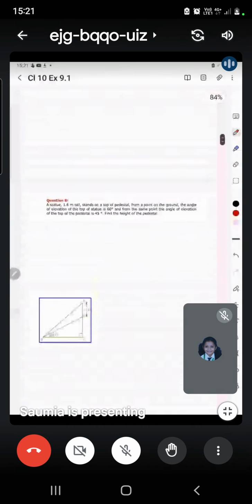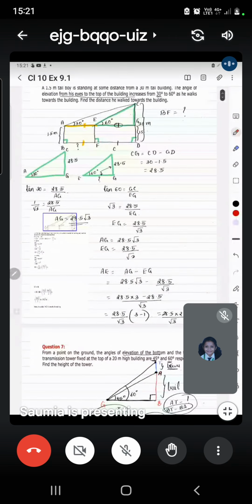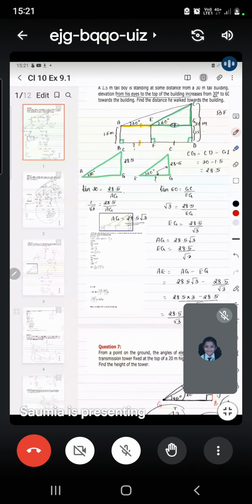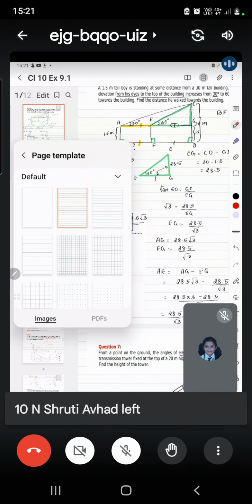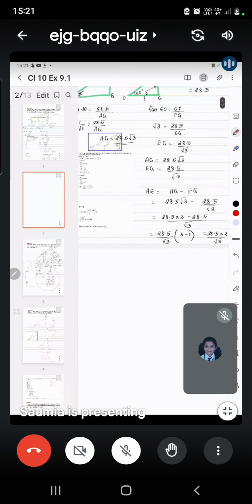Now we'll write each question. As we write, if you still get doubts, you can ask. Wait, I'll keep this scribbling so that you can later on refer, and I'll enlarge the solution.